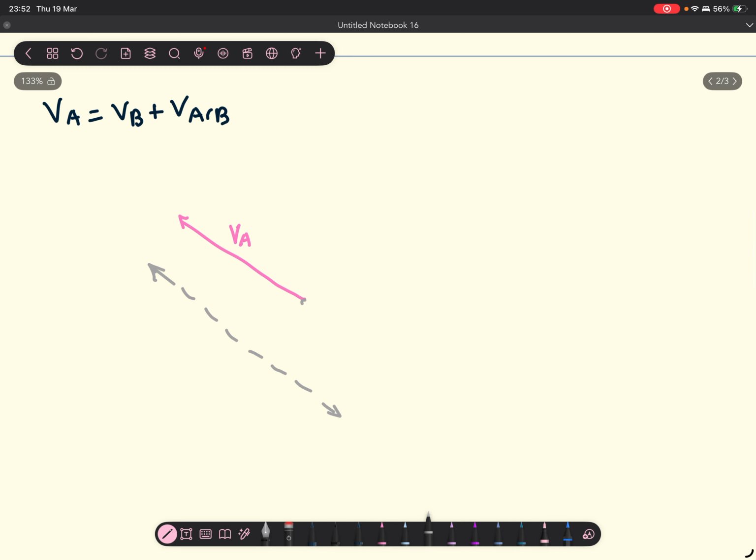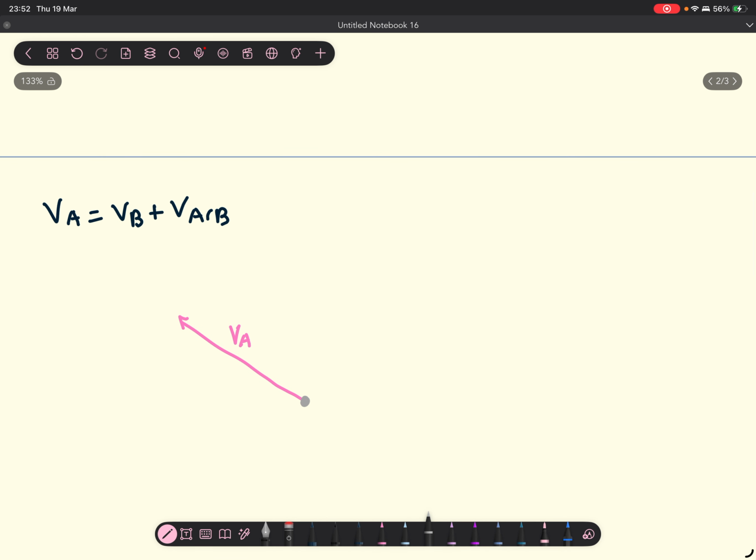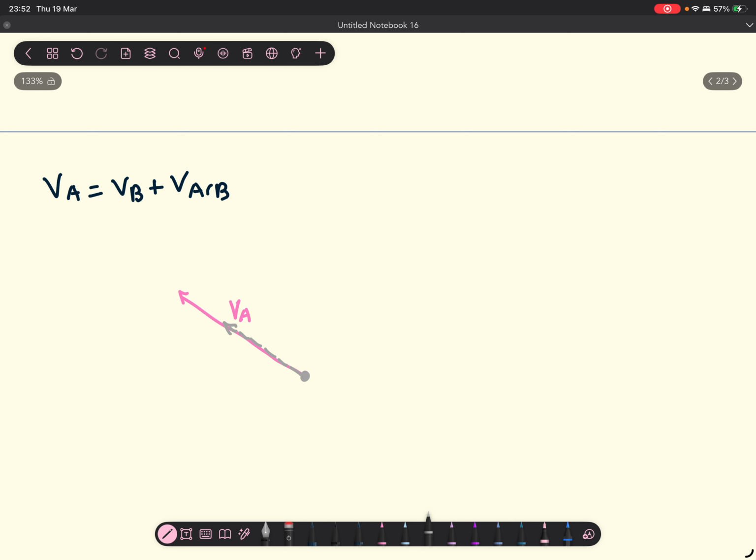So it's going to start at the tail end of VB, right? And it's going to end at the head of VA relative to B. So VB needs to act in this direction, right? Now, VA relative to B could be a vector that starts here and ends here, right?